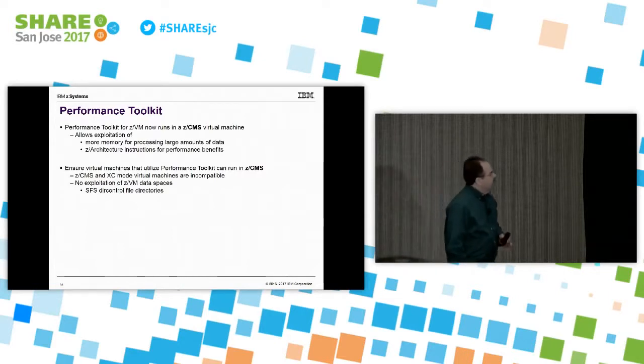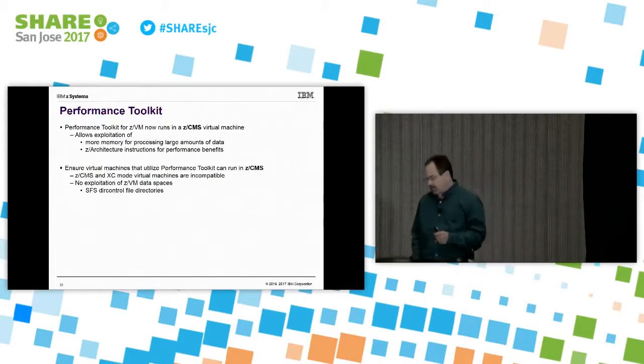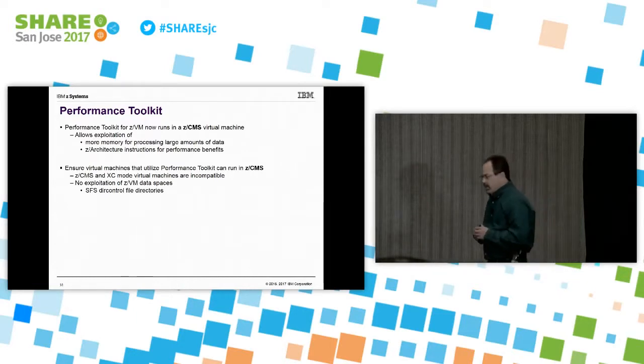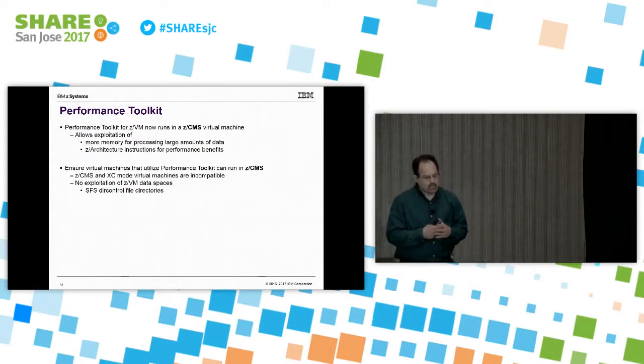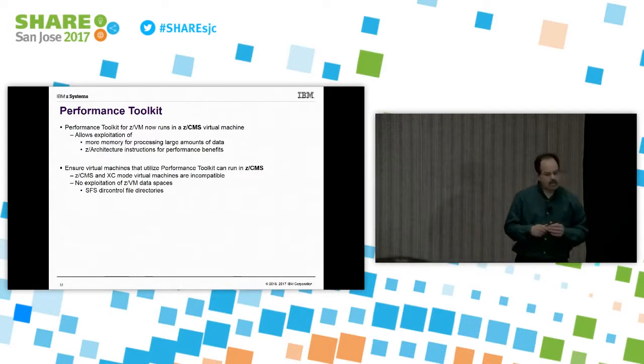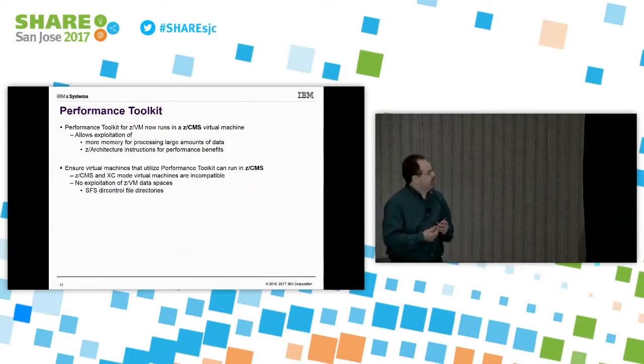Performance Toolkit. Performance Toolkit now runs in a ZCMS machine. By now, I mean on 6.4. The ZCMS virtual machine allows the toolkit code to take advantage of additional memory and the z/Architecture instructions, a lot of which are more efficient, give it more capability, more power to process the information.